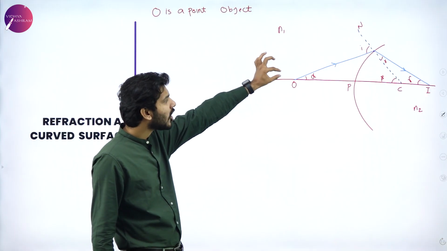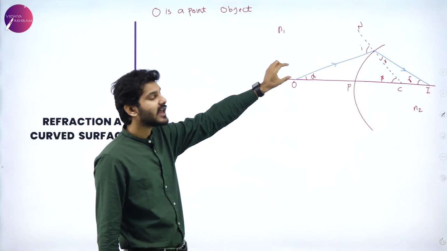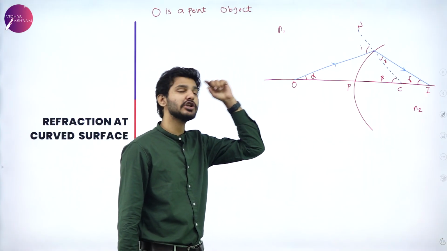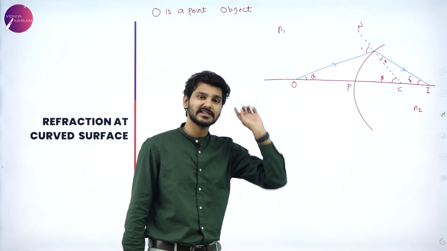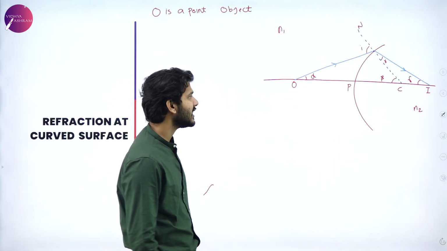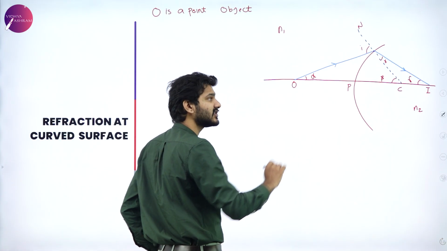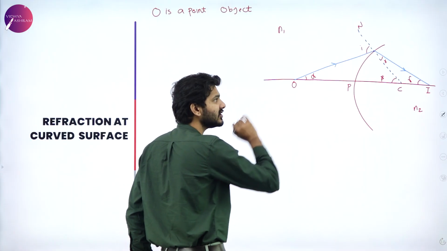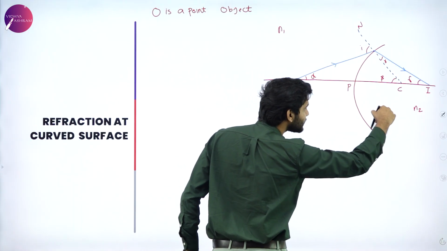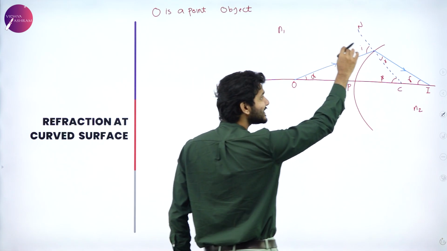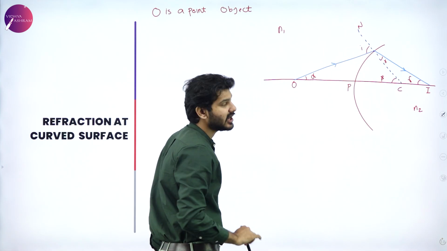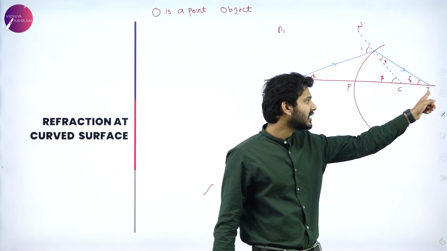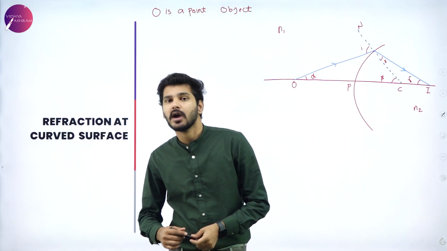That is, it does not have any height, and it is lying on the principal axis. Then the incident ray traveling from this object is incident on this curved surface, and it is then refracted and makes an image at the point I.